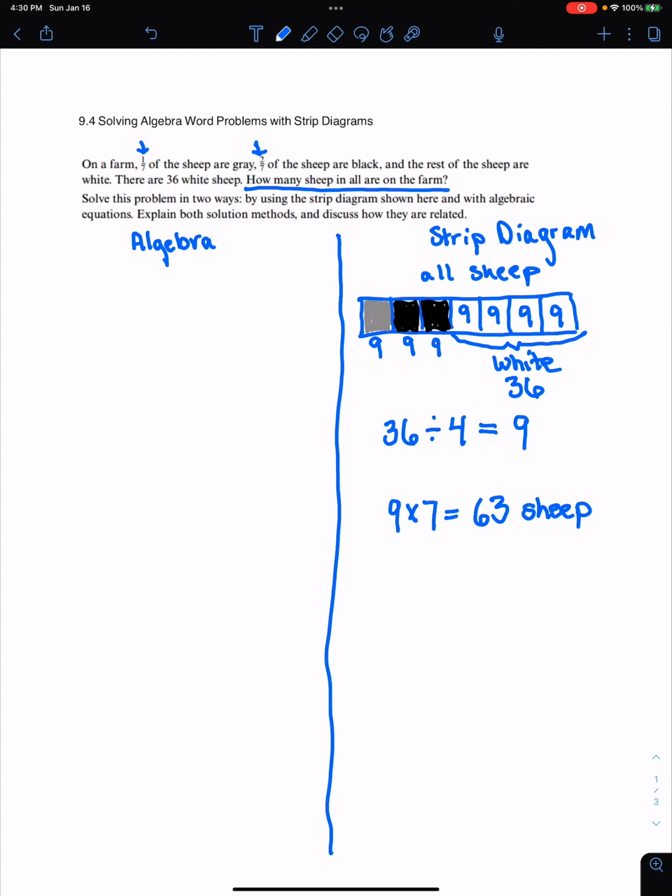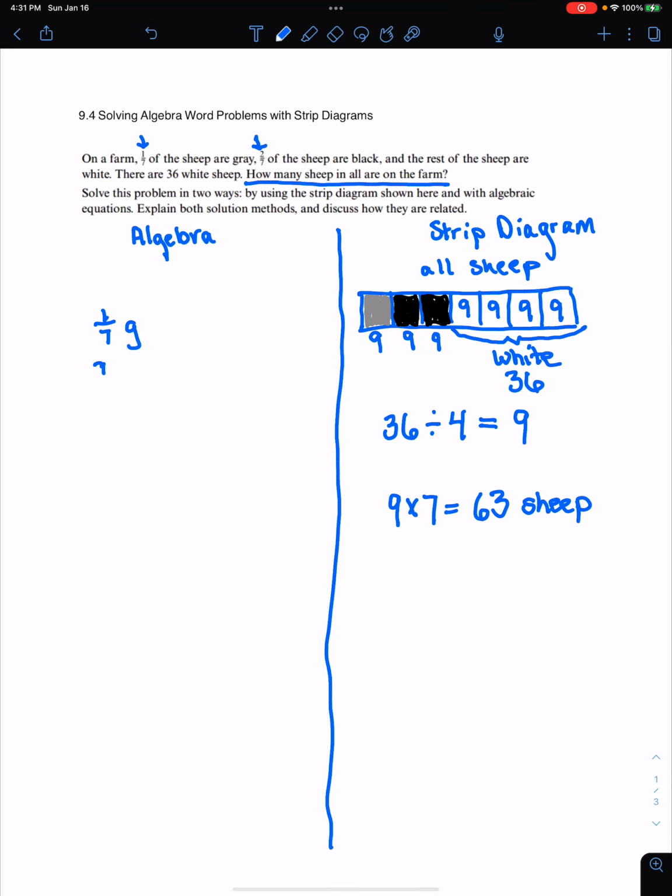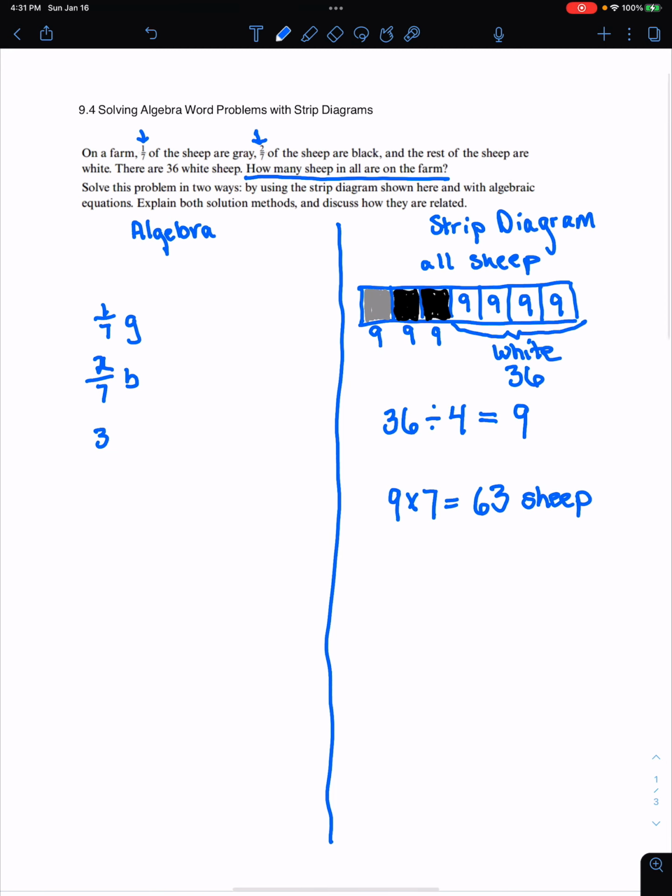One piece is 1/7 of the sheep that are gray, 2/7 are black sheep, and then 36 sheep are white sheep.